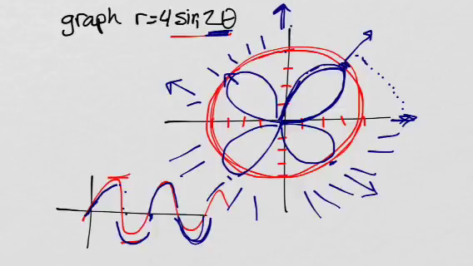And so the graph ends up looking like this 4-petaled flower sort of thing. And it kind of fits within this circle with a radius of 4.